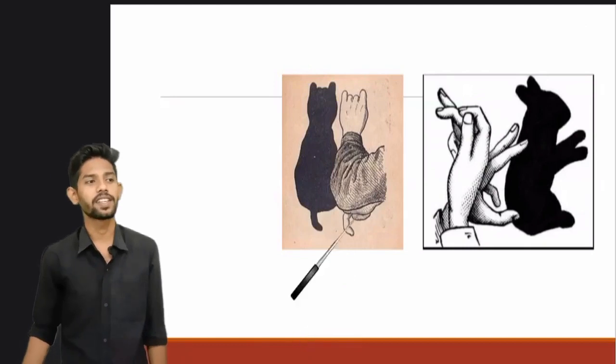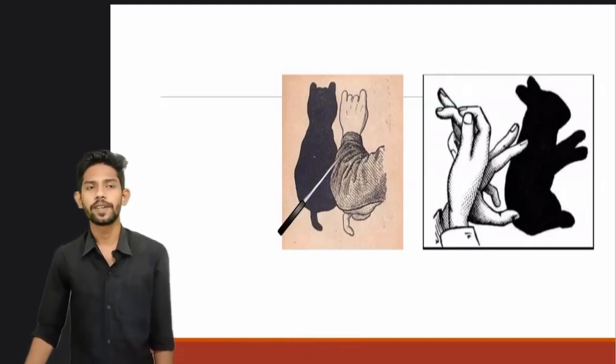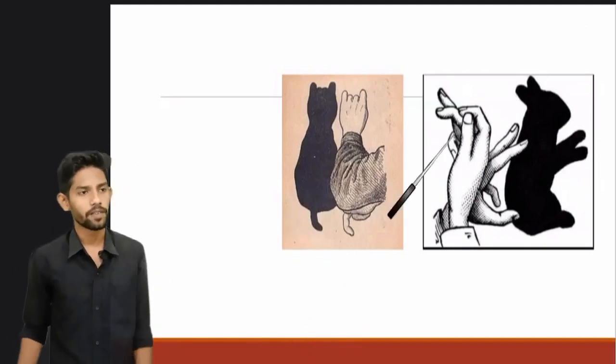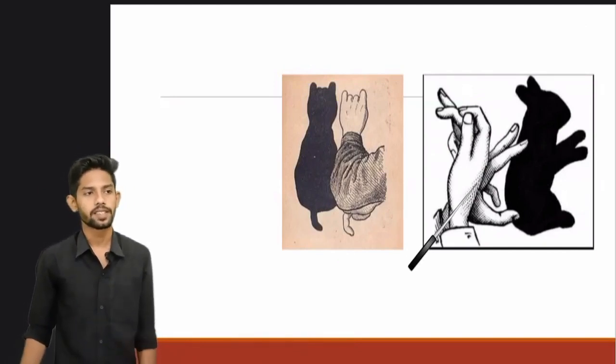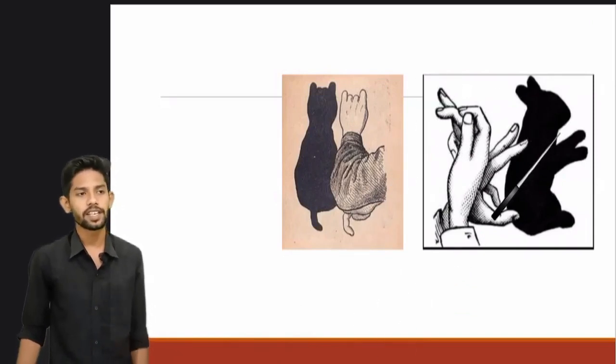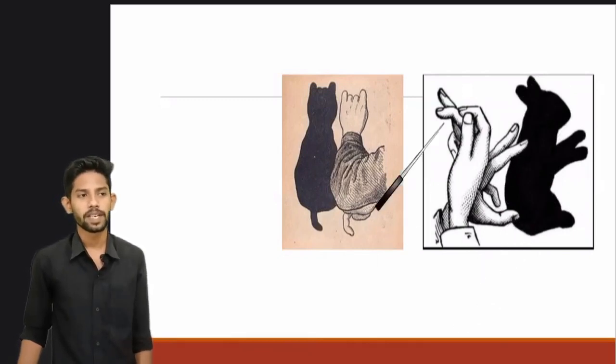Now look here, another example. We also have an activity where we can create a shadow with our hands. Look here, by making this shape with the hands, we can create a shadow like this rabbit, and also from this hand.